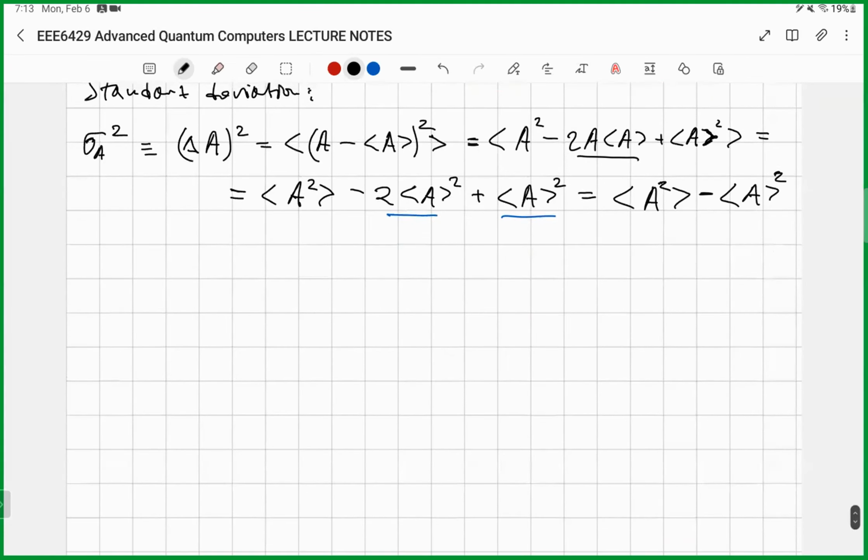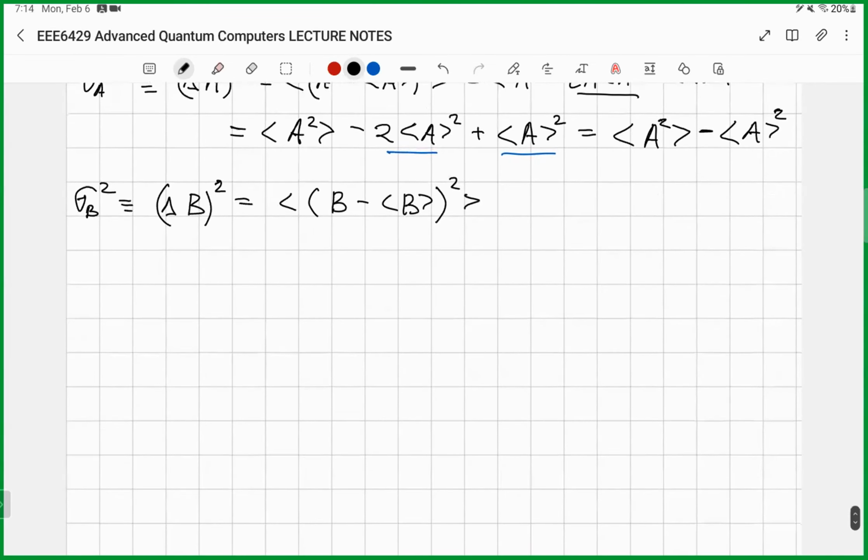For another operator B, I can write the same: the deviation for the operator B will by definition be the operator B minus the expectation value of B, squared, and the mean value of this result.